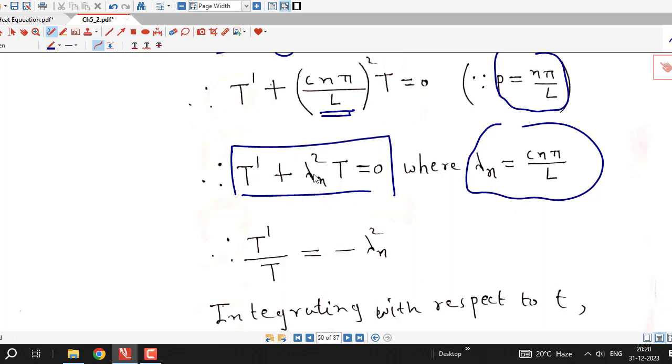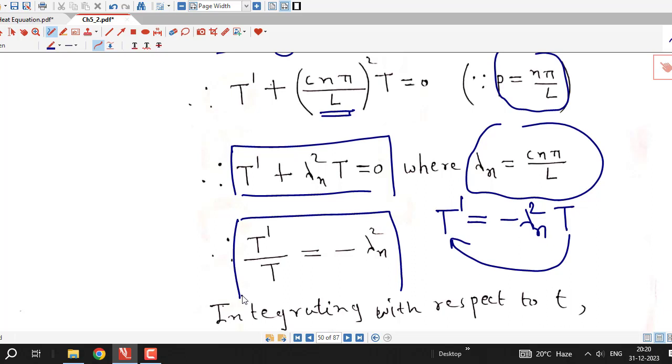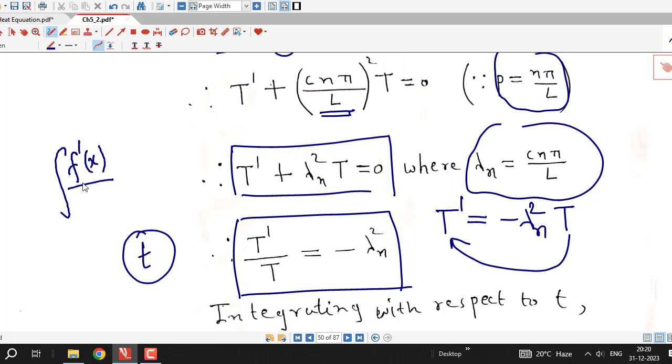If I take this quantity on the right hand side, I will have T dash equal to minus lambda n square times T, and then I consider this T on the left hand side. Right hand side is minus lambda n square, and now capital T is a function of t only, so we integrate both sides with respect to small t, and here we apply the formula that if we have the derivative of the denominator in the numerator, then its integral is log of the denominator.